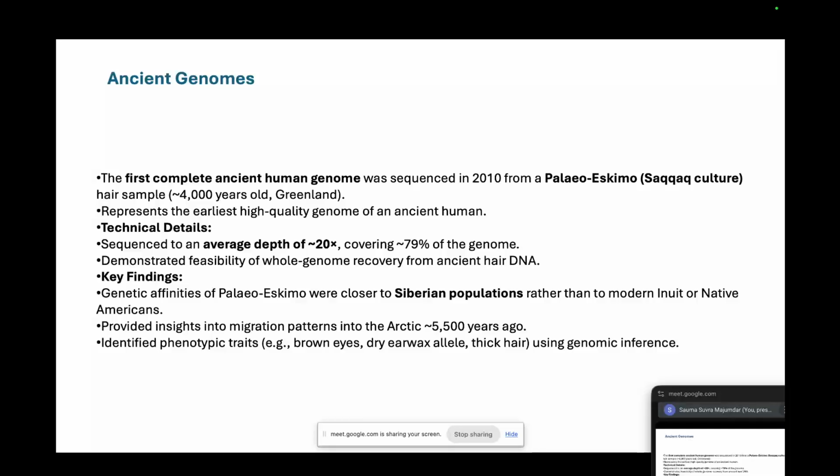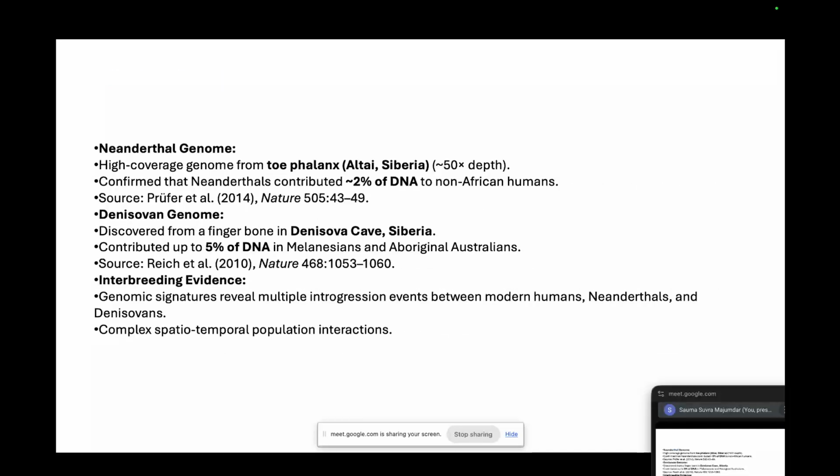It also provided migration pattern insights into the Arctic, about migration and settlement about 5,000 years ago. And they could deduce that this individual had brown eyes, a dry earwax allele, and thick hair, all from the DNA of the individual. So that was also very interesting.